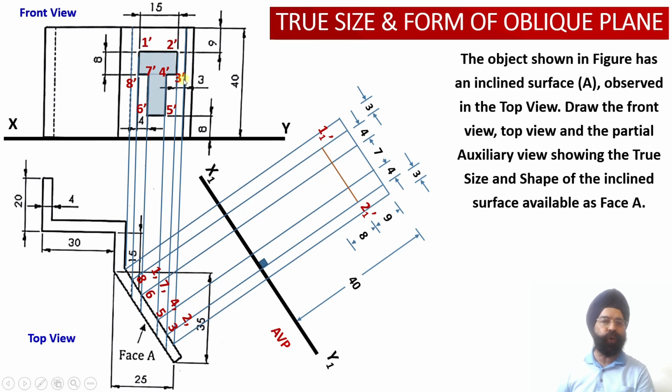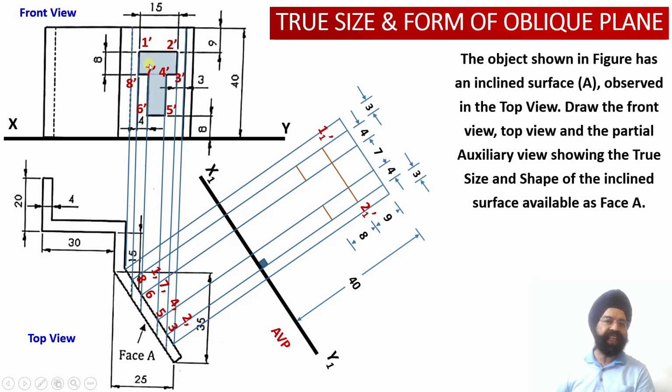Since these 4 points lie at a distance of 23 millimeter from the XY reference line, from the horizontal plane, once I have marked this point over here, again I can draw a projection line. The moment I draw this projection line, my points 8 1 dash, 7 1 dash, 4 1 dash and 3 1 dash will be located.